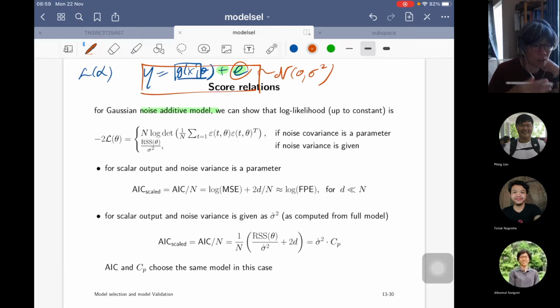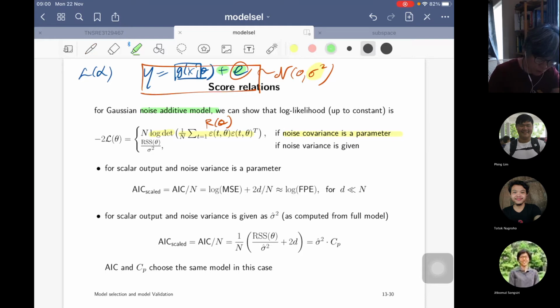In this case, we can derive the log likelihood function, and it depends on how you handle the model parameters. In one case, if the noise variance is one of the parameters to be estimated, the log likelihood function can be obtained as the log det of the sample covariance matrix of prediction error.